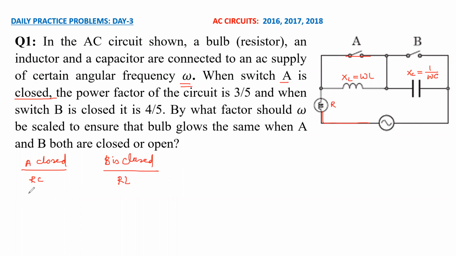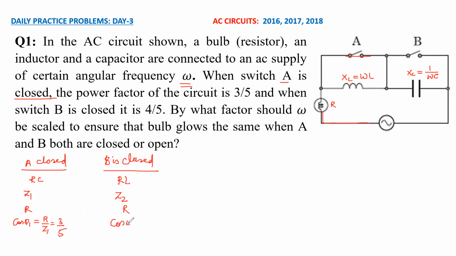Here in the RC circuit, let the impedance be Z1. In the RL circuit, let it be Z2. In both cases, the resistances are R only. So the power factor, cos phi 1, is R by Z1, which is equal to 3 by 5.